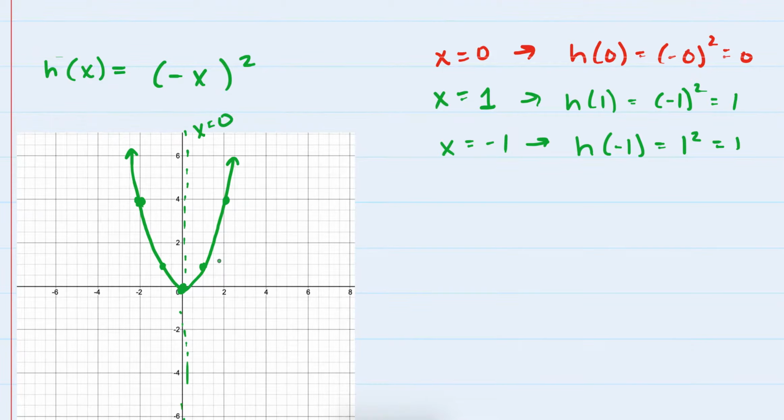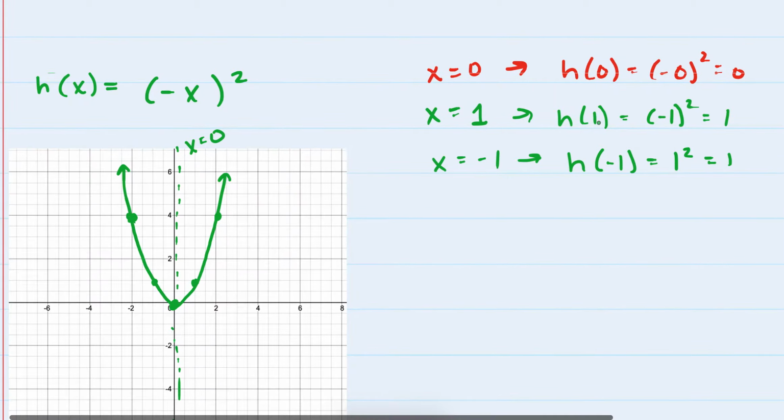But since this graph is symmetric with respect to this line x is equal to 0, or the y-axis, nothing's going to change with this graph. You might have noticed that when I plugged in 1, this was sent to negative 1 on the inside. So these points are being reflected.